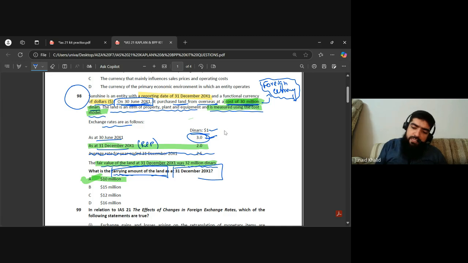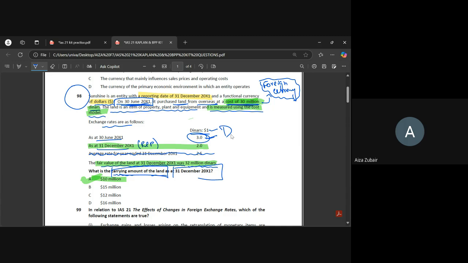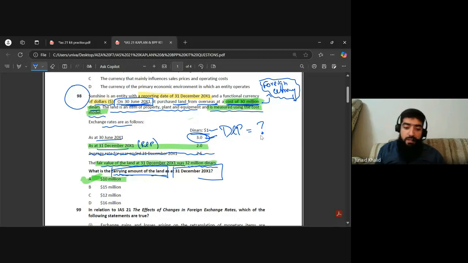So why didn't we calculate it? Because a whole year hasn't passed. The date of reporting is 31st December, and we bought that asset on 30th June. It means we might have proportionated that as depreciation for 6 months.